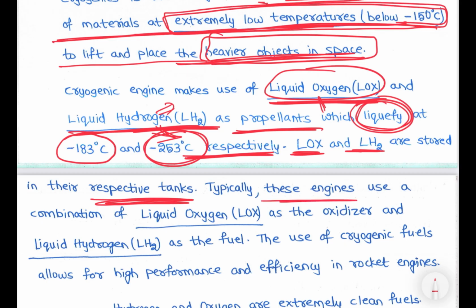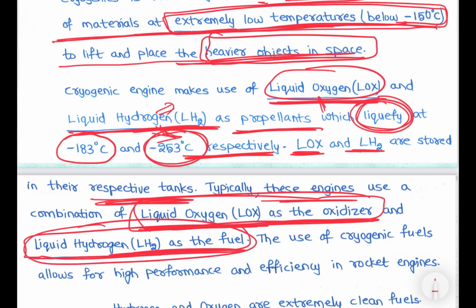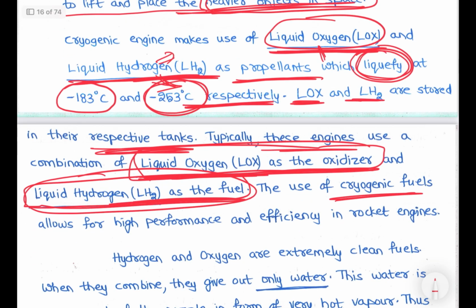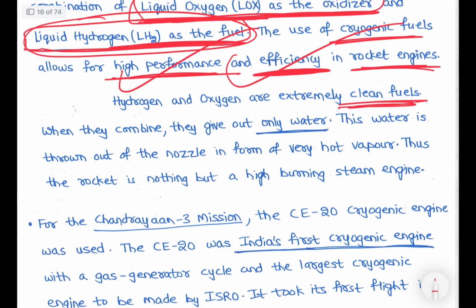Typically these engines use a combination of liquid oxygen as the oxidizer and liquid hydrogen as the fuel, right. ऑक्सीजन oxidizer चाहिए भाई, fuel के लिए hydrogen, right. The use of cryogenic fuel allows for high performance and efficiency in rocket engines, right. Hydrogen and oxygen are extremely clean fuels, right.